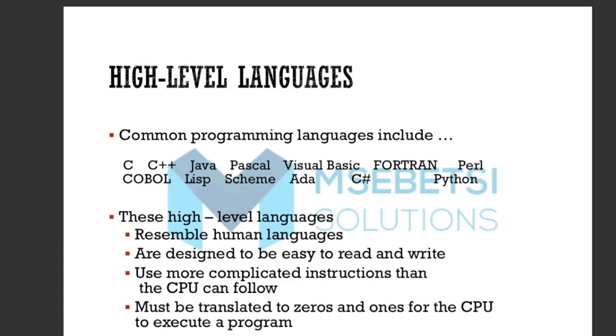These high level languages resemble human languages, are designed to be easy to read and write, and use more complicated instructions than the CPU can follow. By that we mean that source code is really complicated when you're just looking at it.